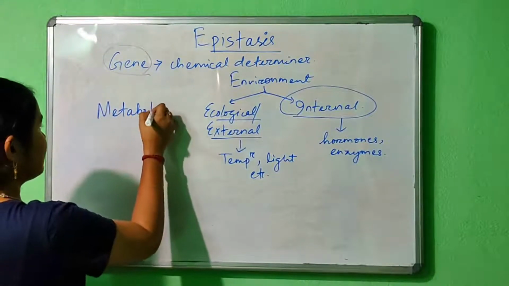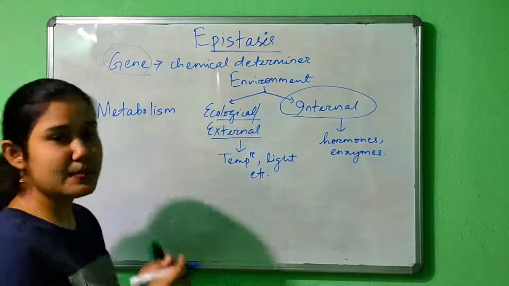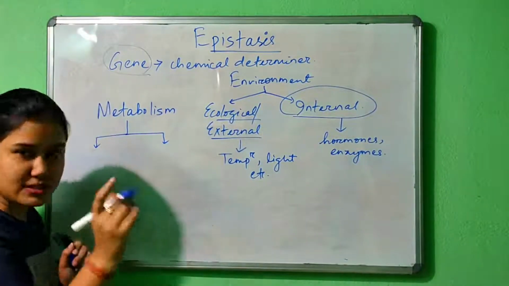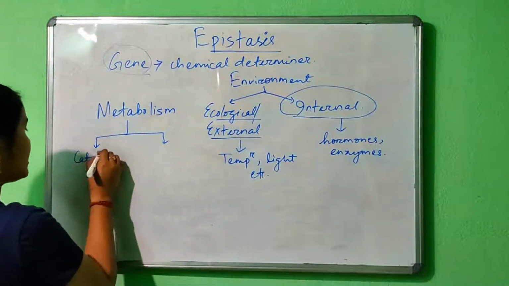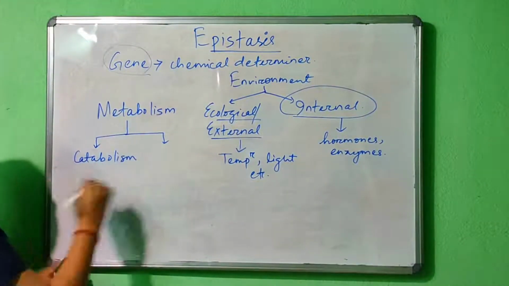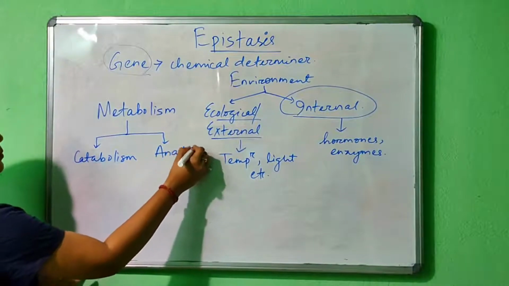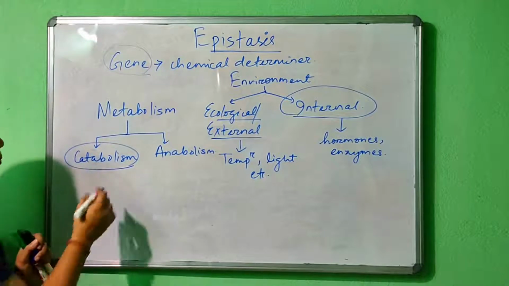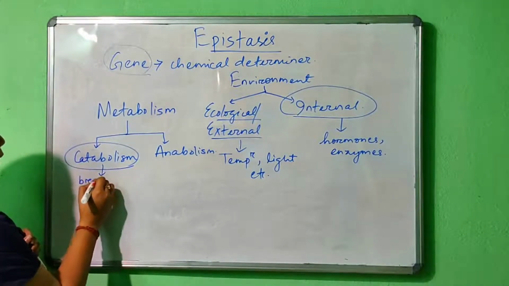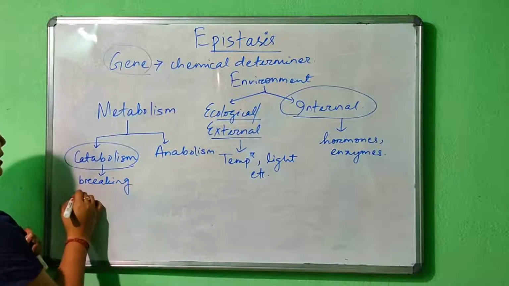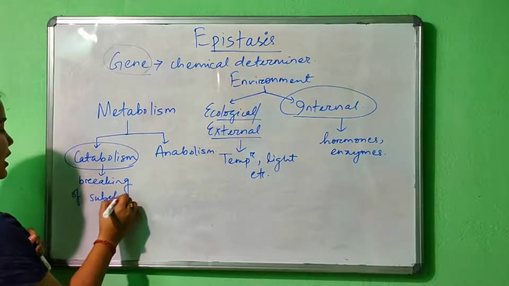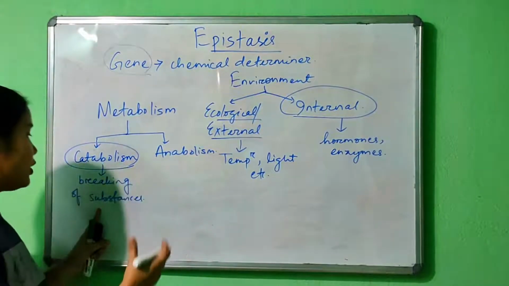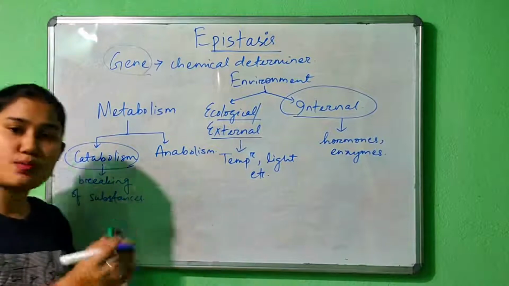So, we all know about this term metabolism, right? So, what is this metabolism? It is a process which involves two processes. One is catabolism and the other one is what? Anabolism, right? When we say catabolism, it means the breaking of substances or molecules, the process of breaking bigger molecules into smaller ones.